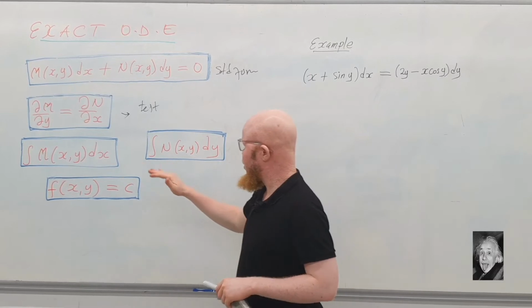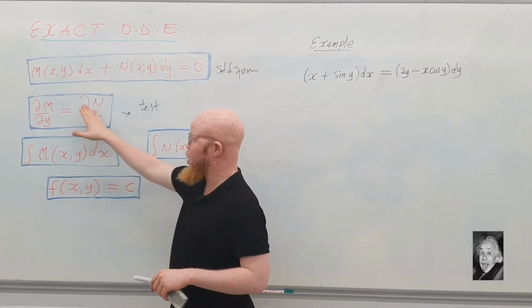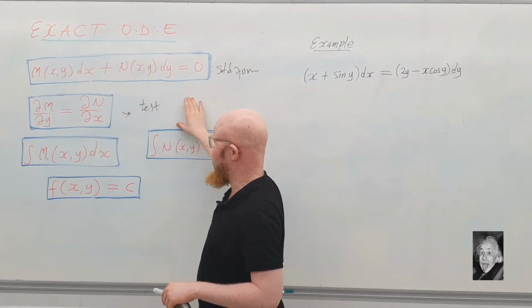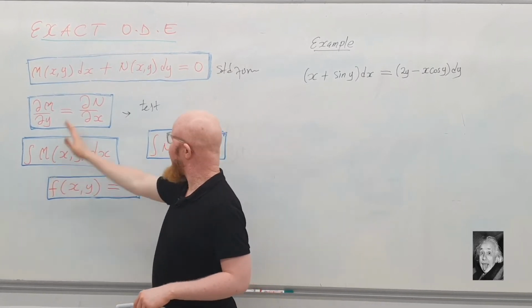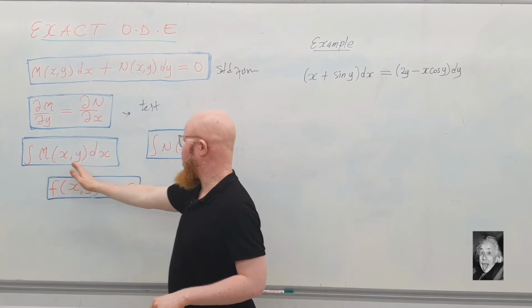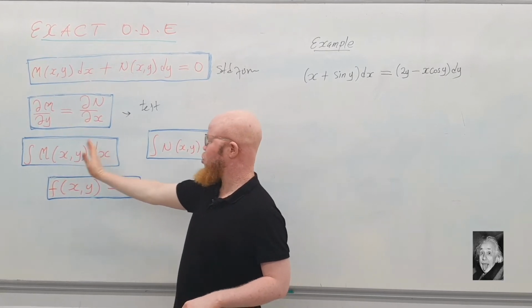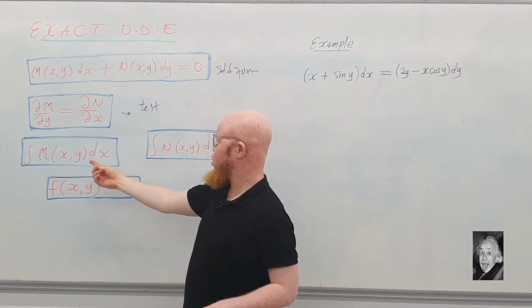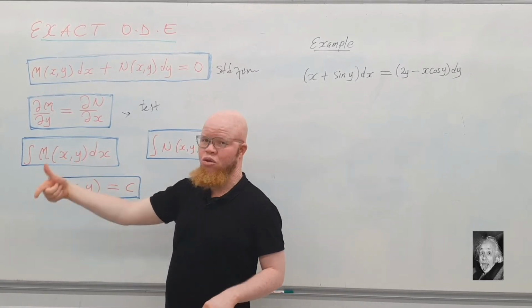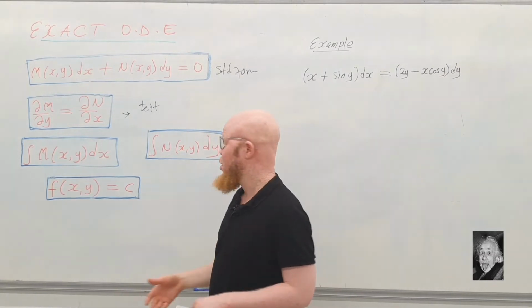Okay, so the third thing, assuming that it's an exact ordinary differential equation, you proceed by solving it. Just integrate M with respect to x, so you just integrate M dx. As you can see, the other variable, which is y, becomes a constant.